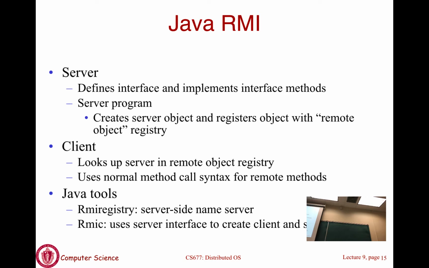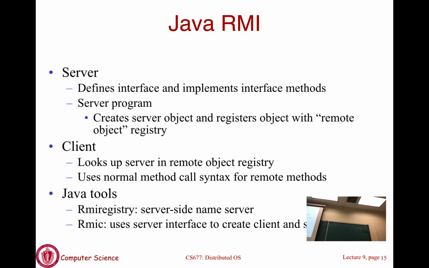So the server program has to essentially create the server object and register the object with the remote object registry of some sort, which is the naming service. The client is going to look up the server in the remote object registry. Once it knows where the server is, you are going to use normal call syntax, which is object.method. It doesn't matter whether it's local or remote.